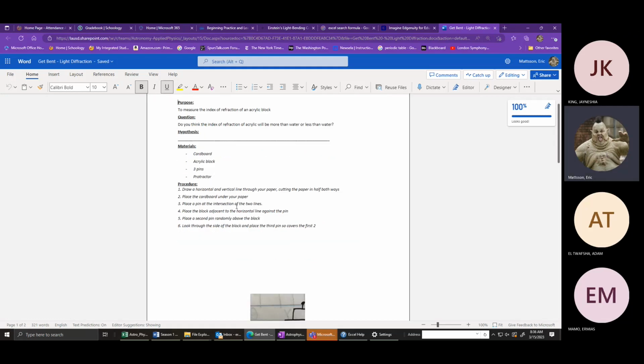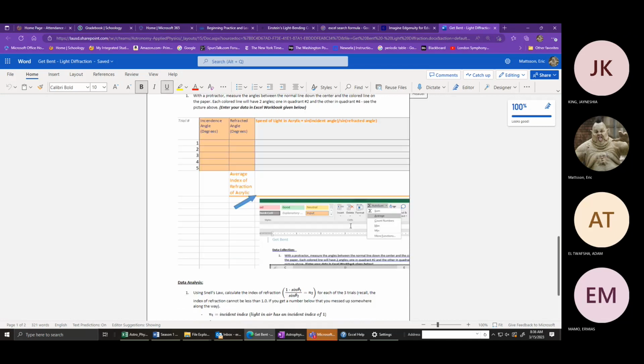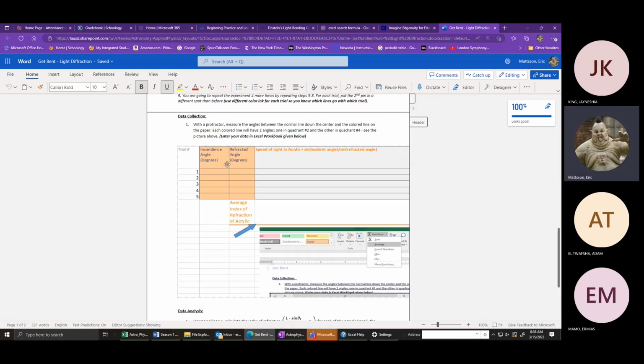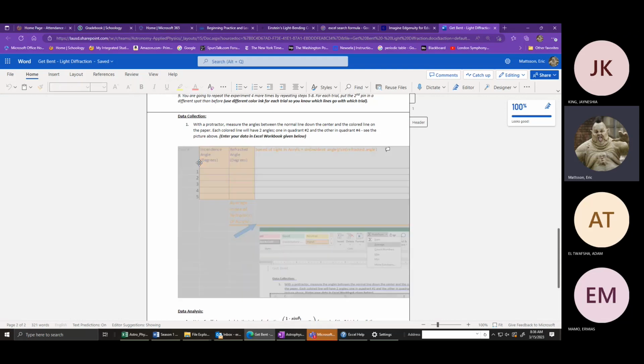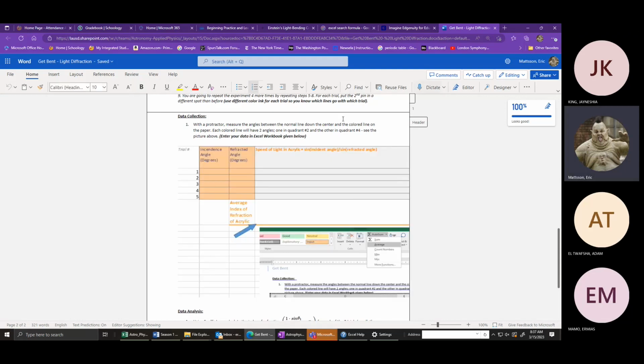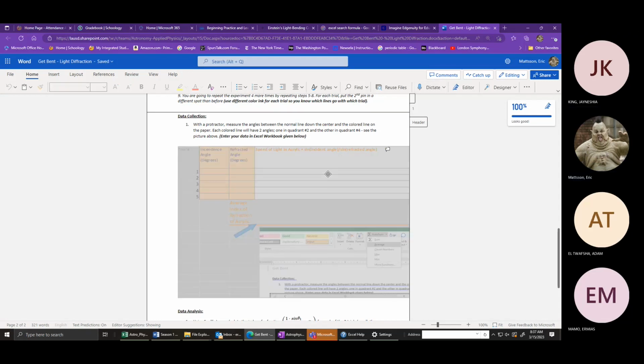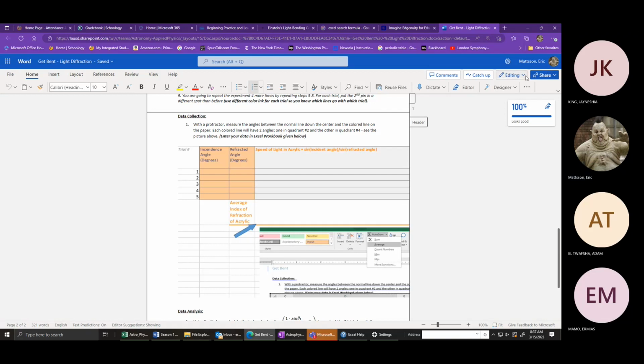And the second thing is we're going to, again, practice our spreadsheets. So down here, this is where you're going to collect your data. If you click on this, download this. No, I'm not editing it, so it'll be different on yours. This is where you're going to enter your data.